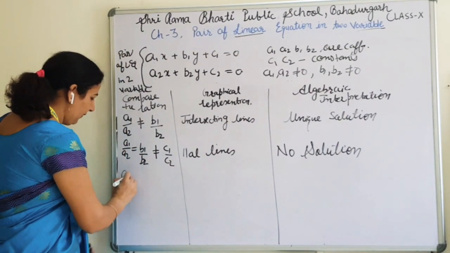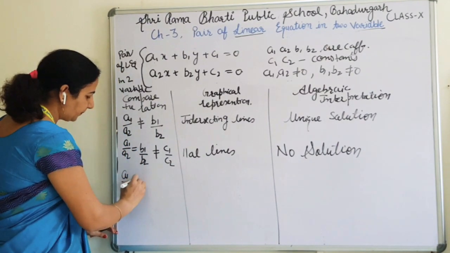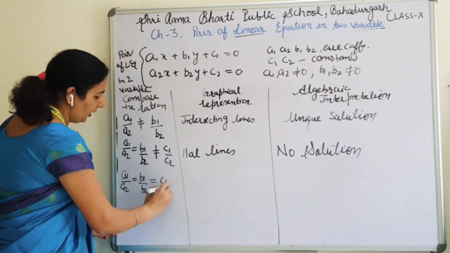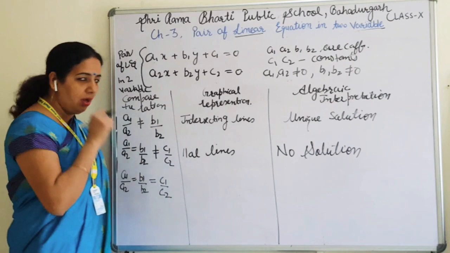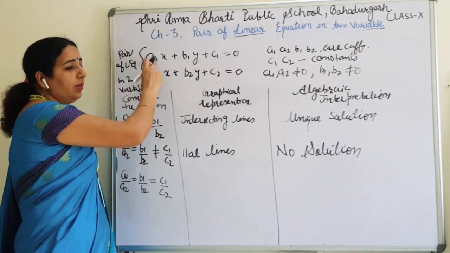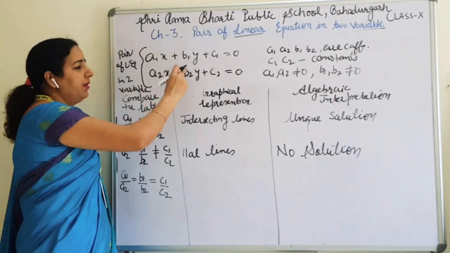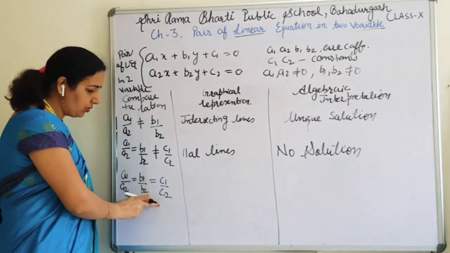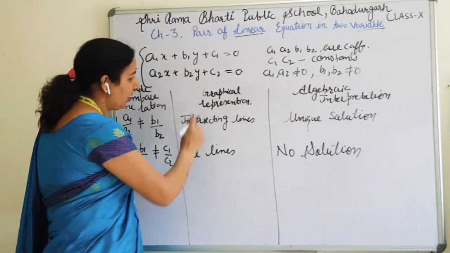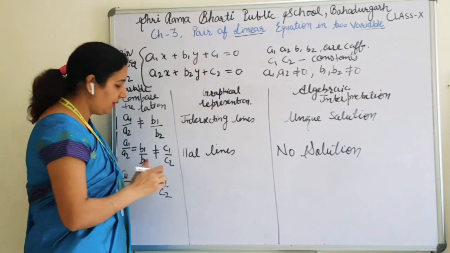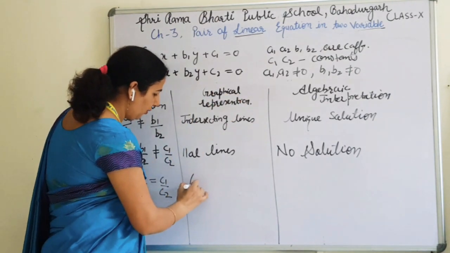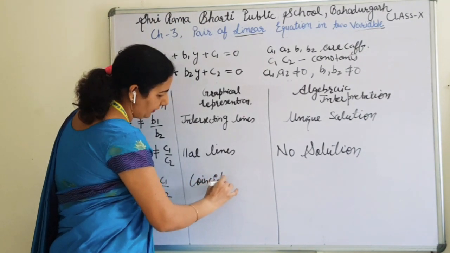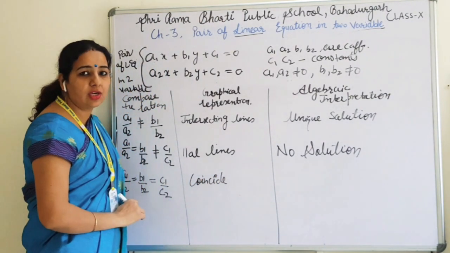And if a1 upon a2 is equal to b1 upon b2 is equal to c1 upon c2. It means when you have calculated a1 upon a2, b1 upon b2, c1 upon c2, and all the ratios are equal, then the graphical representation will be that the lines will coincide. The lines will coincide. What will the lines do? They will coincide with each other.